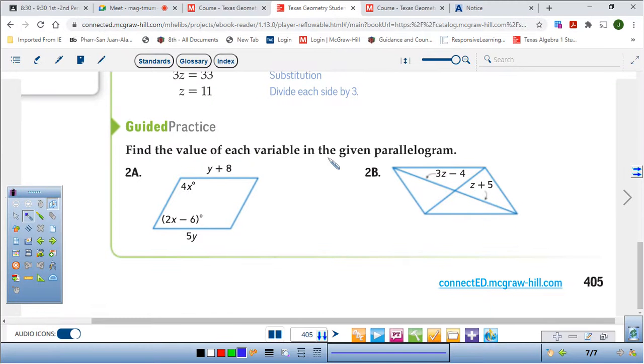Find the value of each variable in the given parallelogram. So 2a right here. We have this parallelogram here. Draw it out real quick.